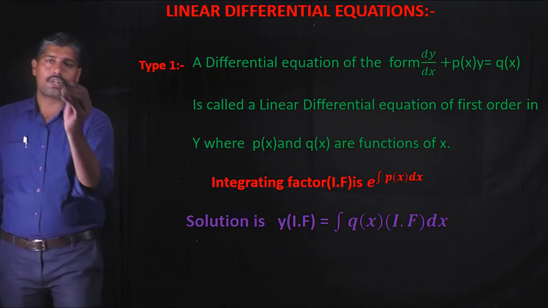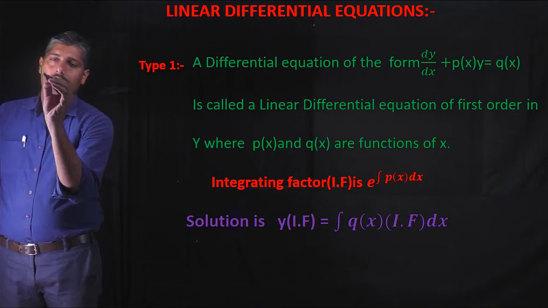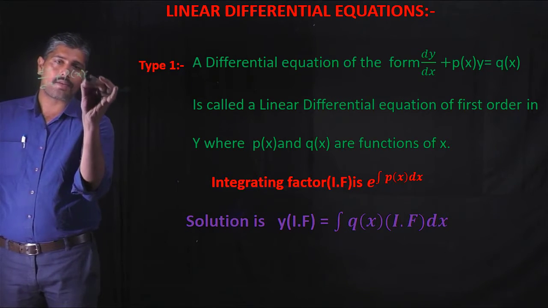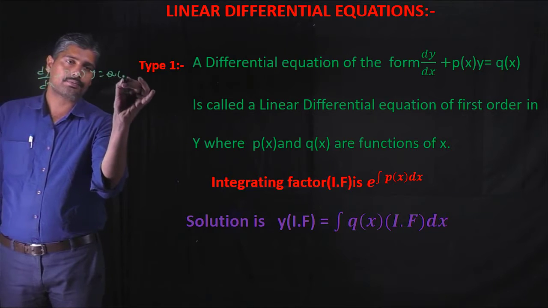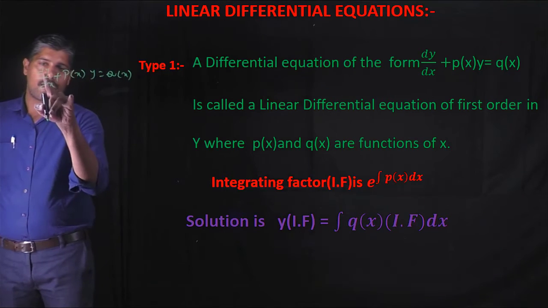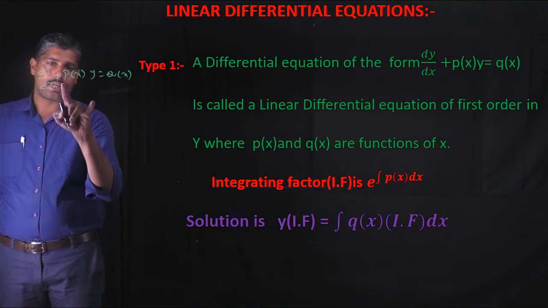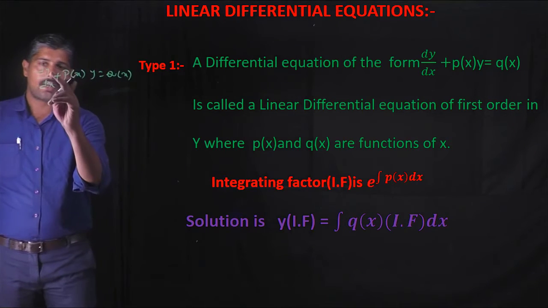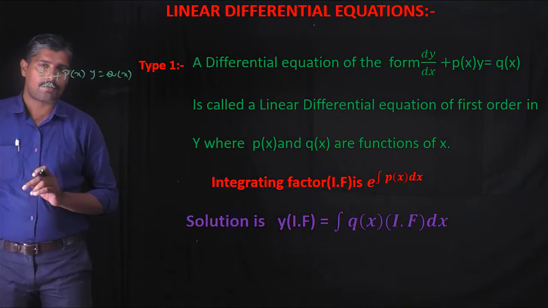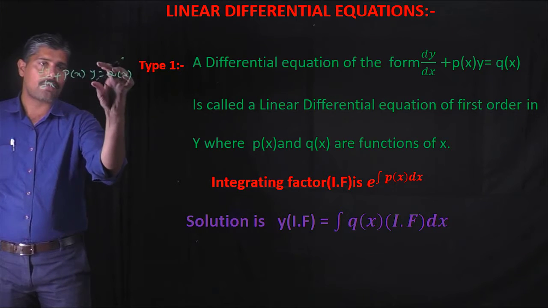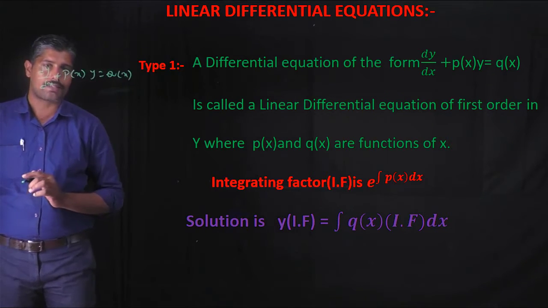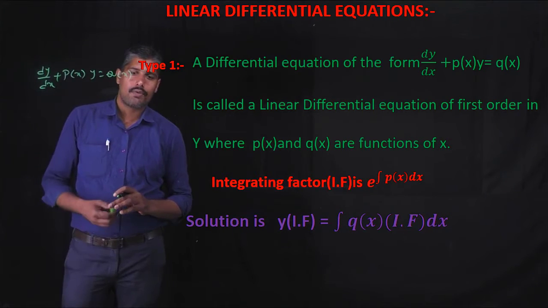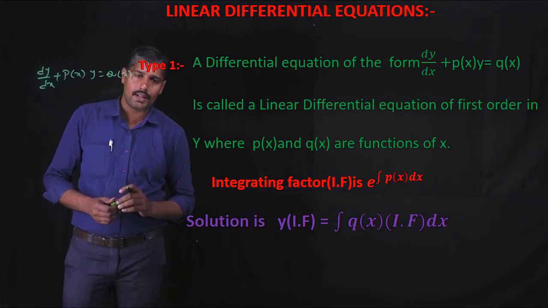First case: dy by dx plus p of x into y equal to q of x. Here y is there. This type of differential equation we call a linear differential equation.